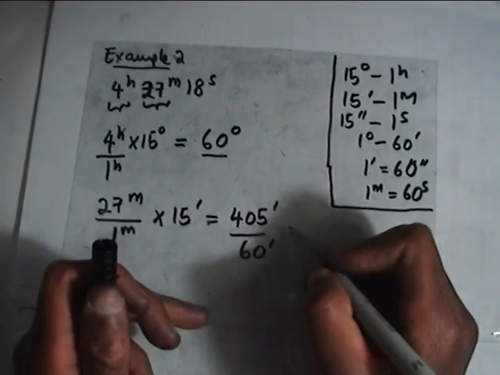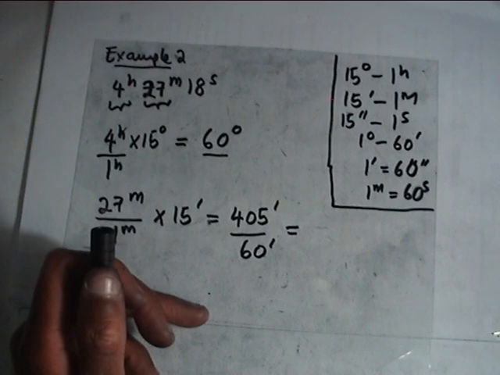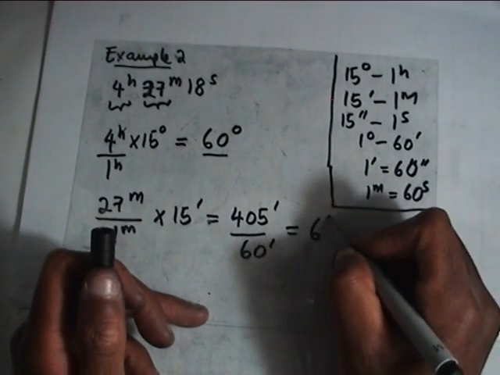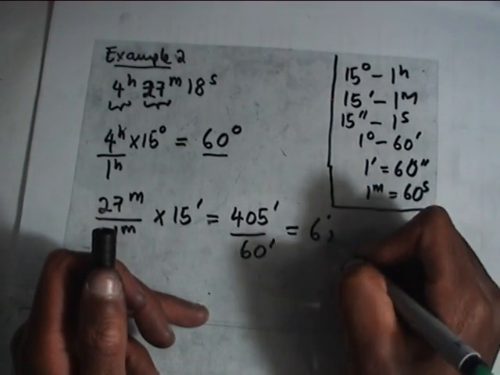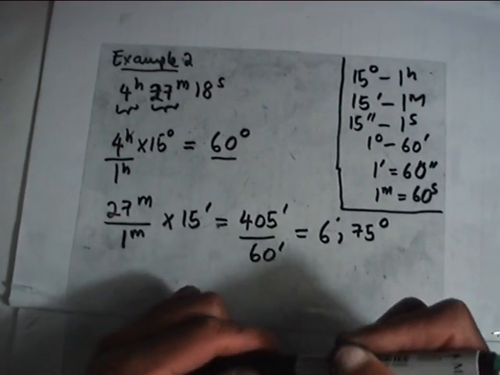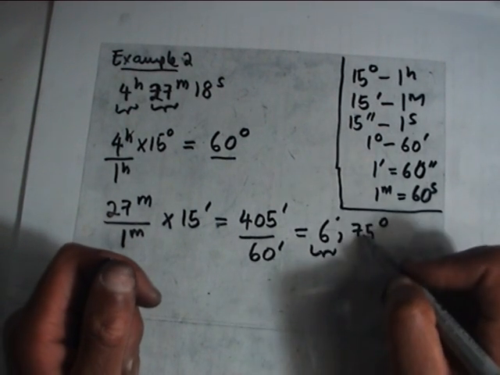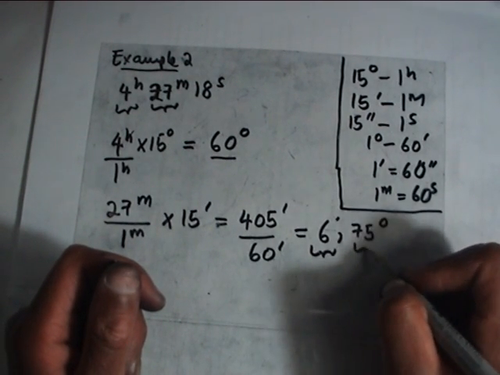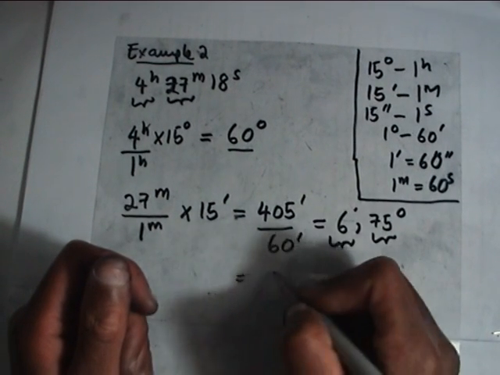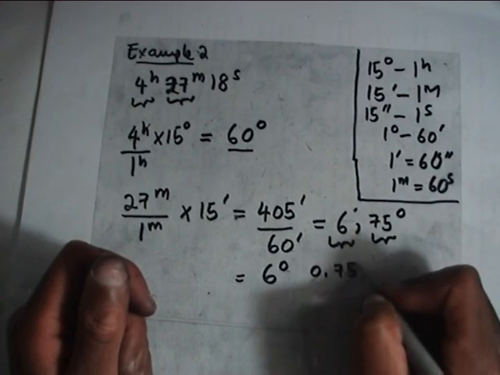So the total number of full degrees is equal to 405 divided by 60. On the calculator, it's 6.75 degrees, which means there are 6 full degrees and 0.75 of a degree.